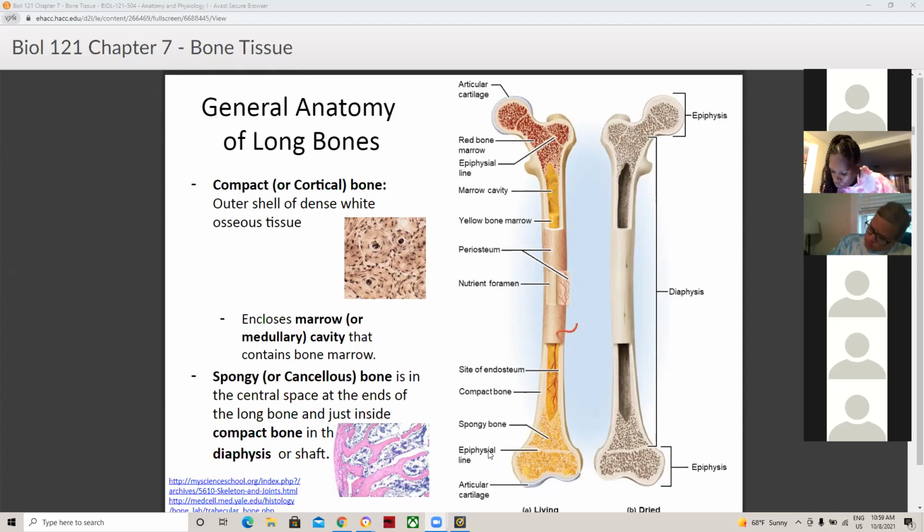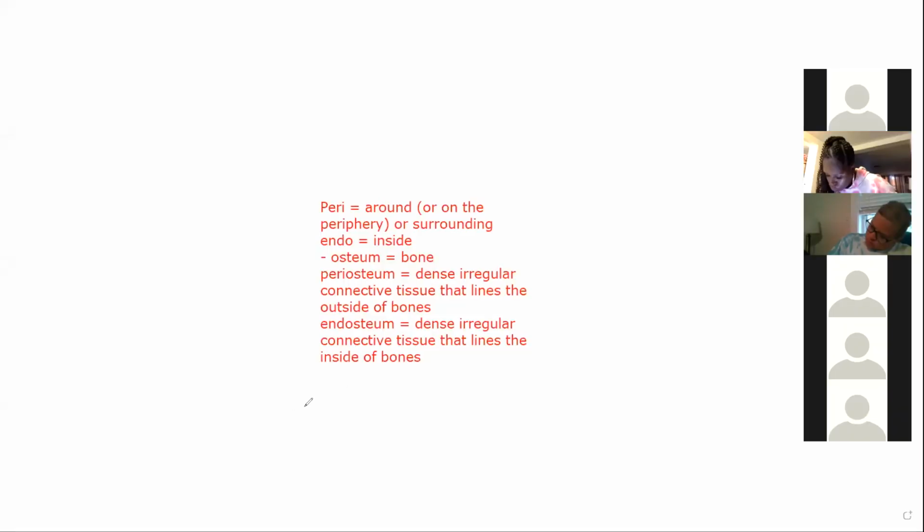Medullary means inside. You're going to see this word fairly often. Medulla, medullary. So medullary means a cavity, internal cavity, or internal area. Let's just say internal area.